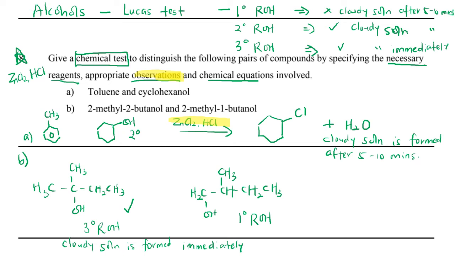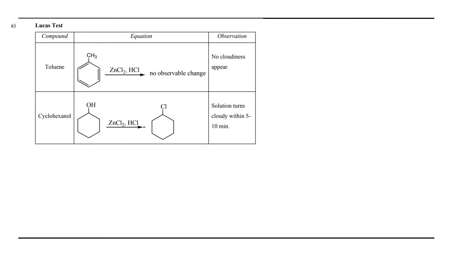Okay, this is what we generally discussed. Before you write the proper answer, you have to draw the two structures and then see that between these two, only one will give a positive result and the other one will give a negative result. To write the correct way, basically you need to write both equations.